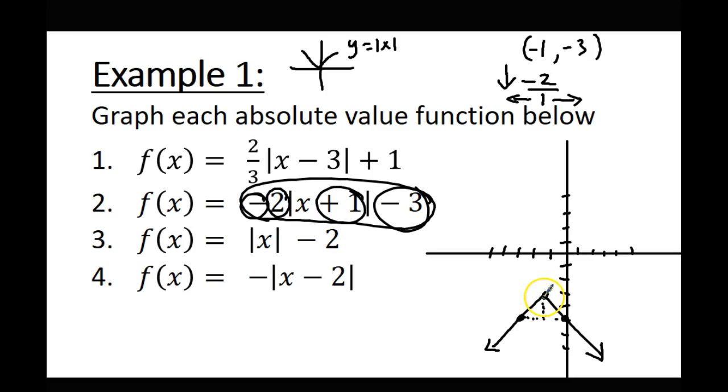So what I do is you start here, right, with your vertex. So you're going to go down 2 because it's -2, right? And then with absolute values, you go both ways. Like Nick was saying, left 1, right 1. You do both. So with regular lines, it's just rise and run one direction. But with absolute values, it goes both ways. So you need to go both ways when you do your slope.